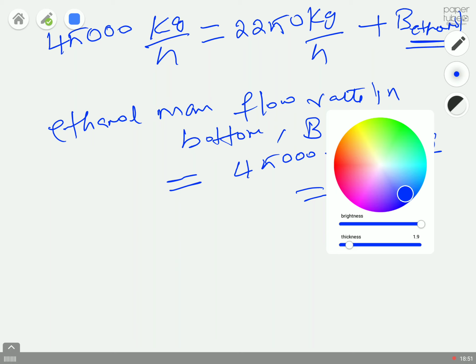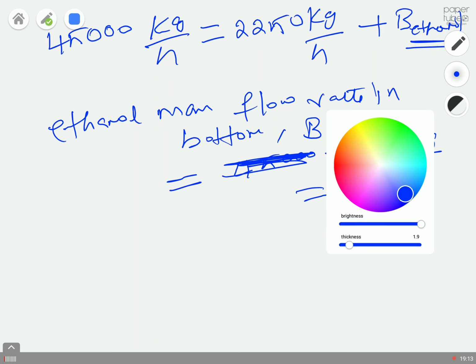There is some mistake. So 45 multiplied by 5,000, that should be equal to 2250 kilograms of ethanol in the top. No, this is water content.